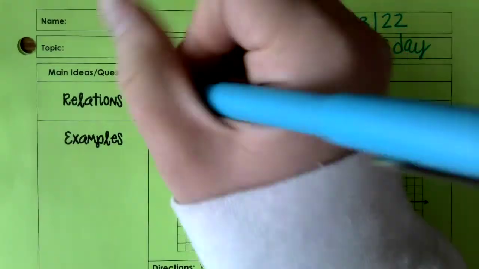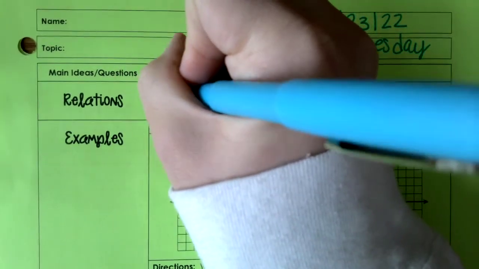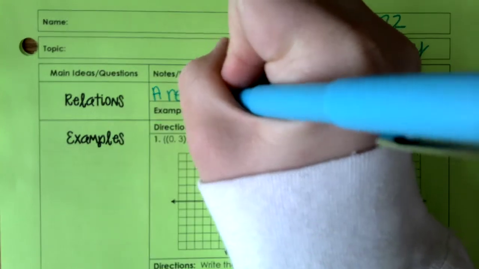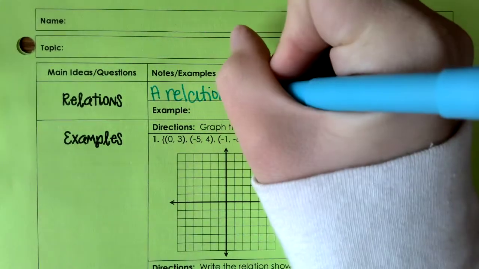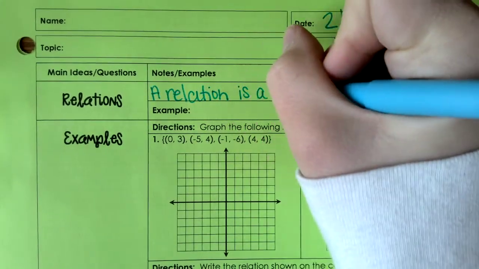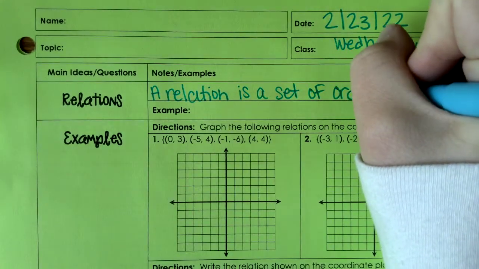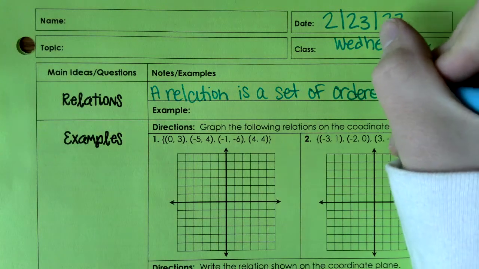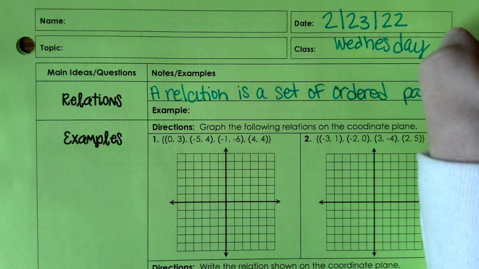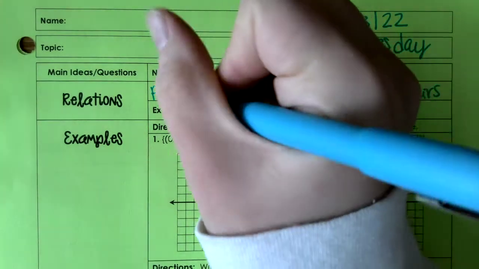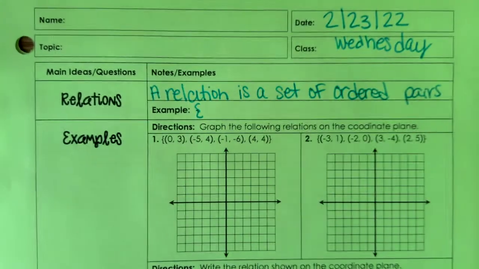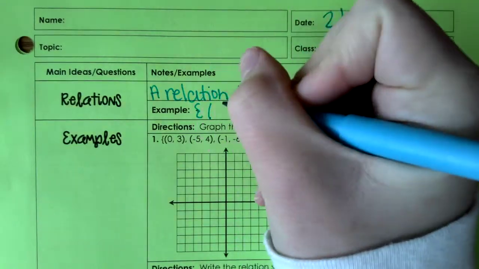What is a relation? Well, a relation is a set of ordered pairs. That's all it is. It's just a bunch of ordered pairs. How we write relations is we make our curly brackets, and then we just have a bunch of ordered pairs.